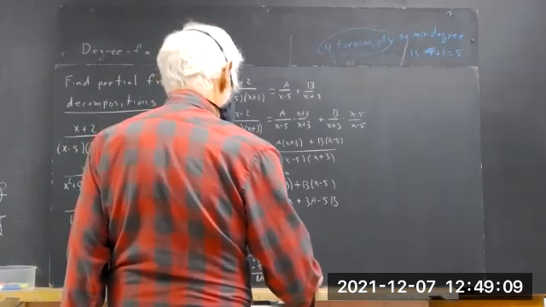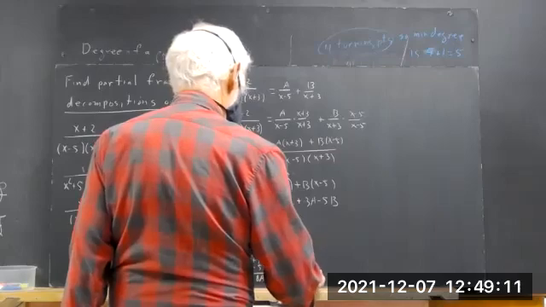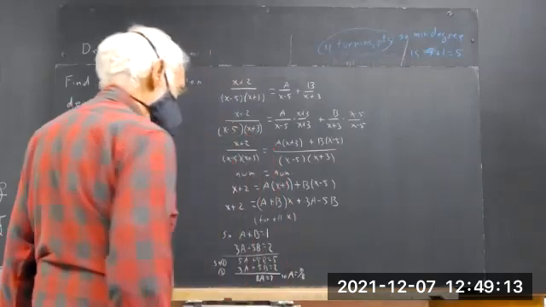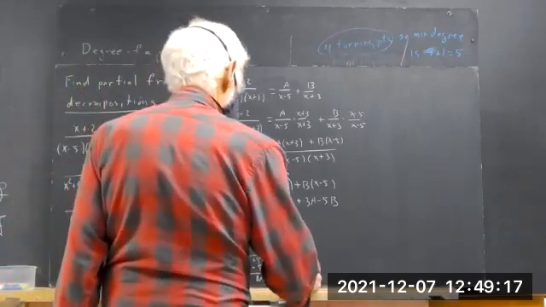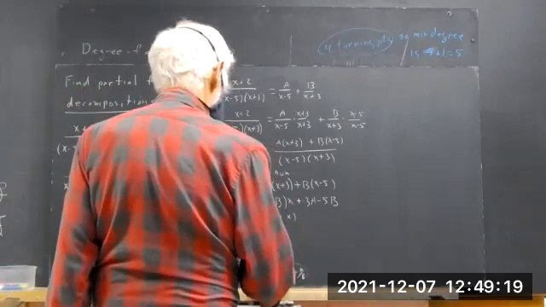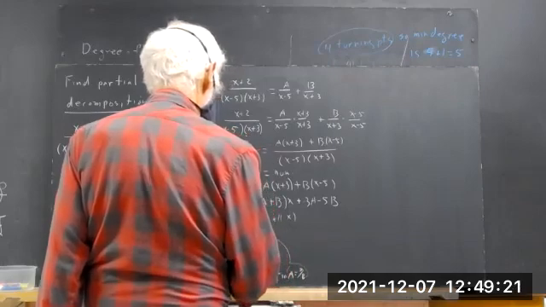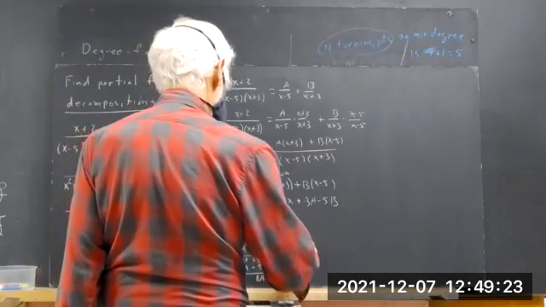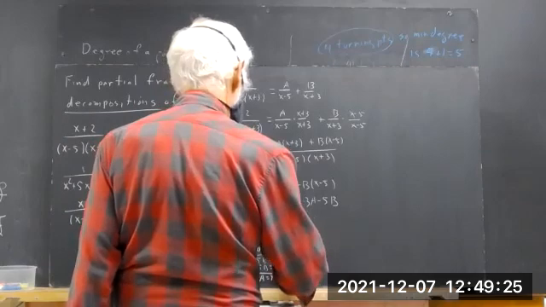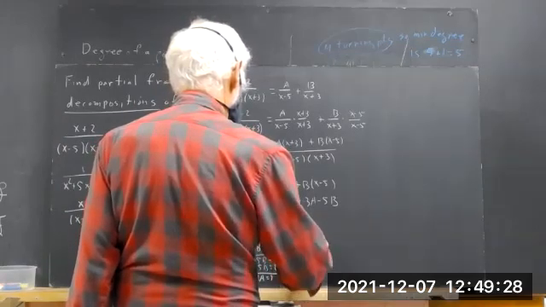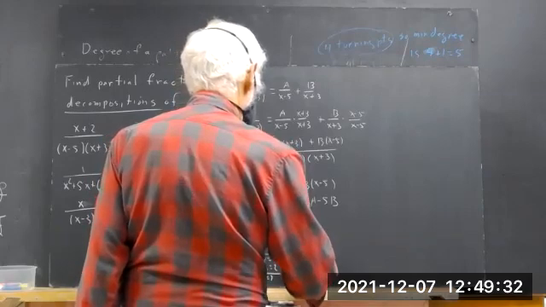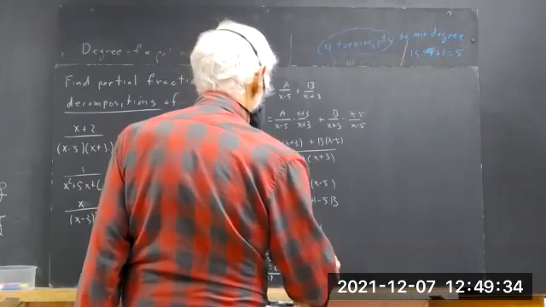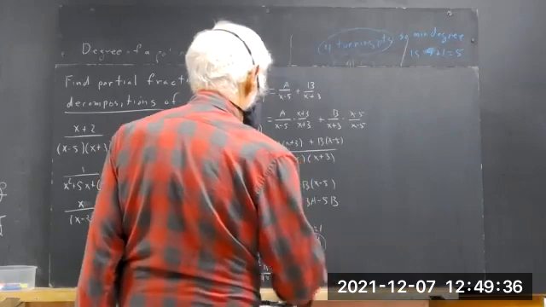So a equals 7/8. And plug that into the first equation, which then tells us that 7/8 plus b equals 1. And do the arithmetic to find that b equals 1/8.